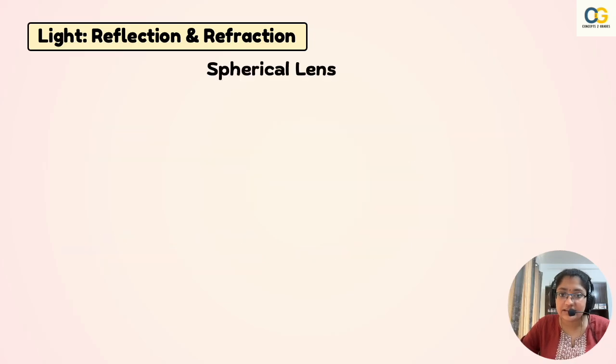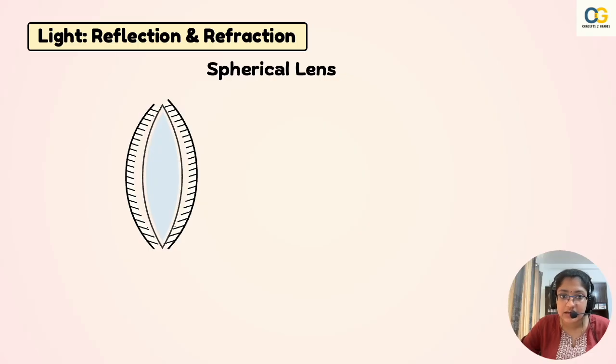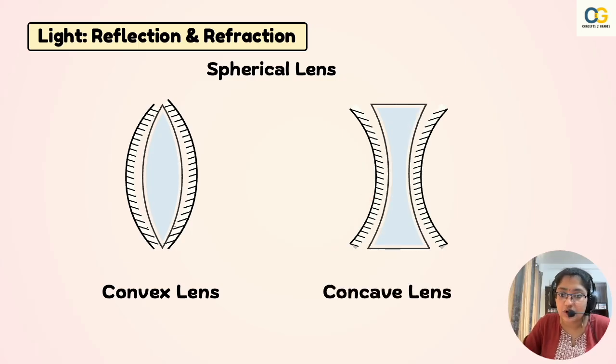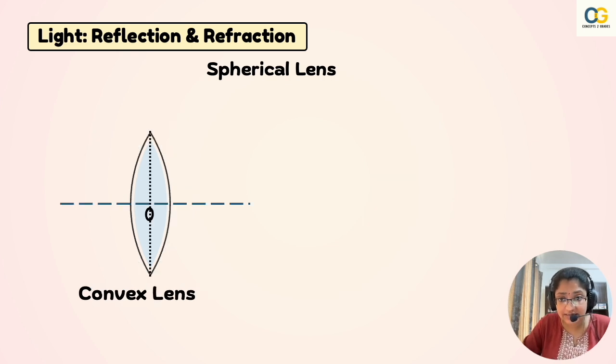Coming to spherical lenses, where this refraction is used to form images. Again, if you merge two convex mirrors, you form a convex lens, and if two concave mirrors are merged, you get a concave lens. Now these two lenses, you can have one circle here, one circle here, so they will have centers of curvature on both the ends depending on which circle they are, and the center at which the two lenses join is called the optic center.